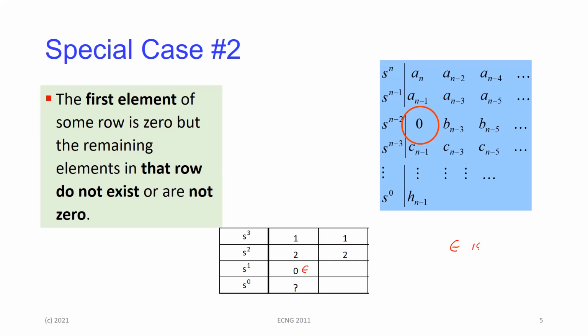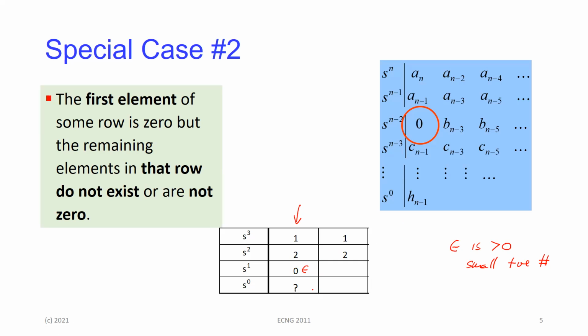Epsilon is greater than 0. So a small positive number. Remember, we want everybody in here to be positive. So let's see if we increase this from 0 to a very small positive number, and let's try and complete the rest of the table and see what happens.